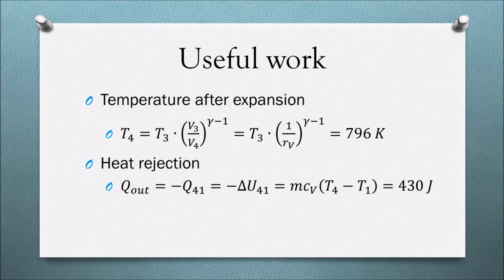The product of the mass, isochoric specific heat and the change of temperature is taken. Now the temperature of the latter state is subtracted to get the proper sign. The result is 430 joules, which actually means a negative heat transfer with an absolute value of 430 joules.